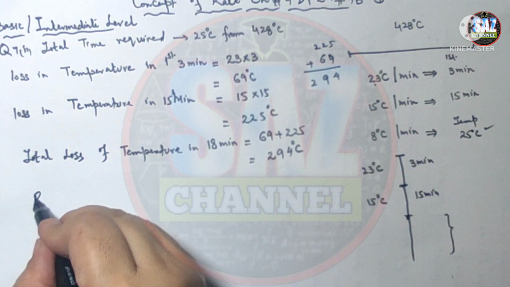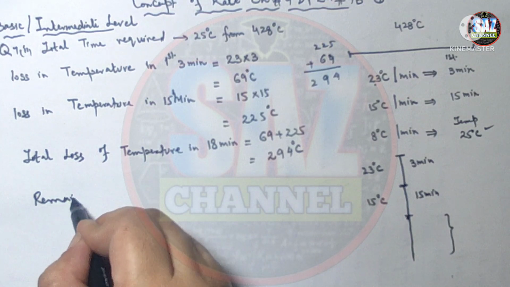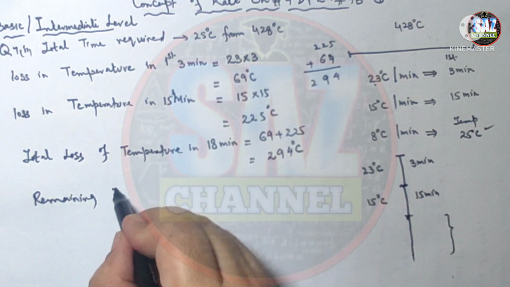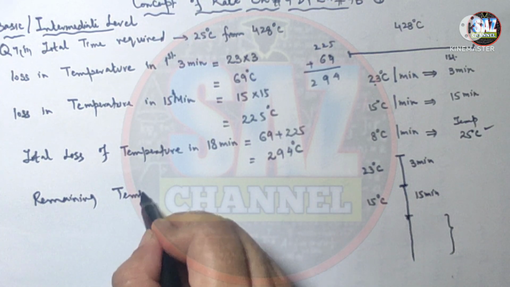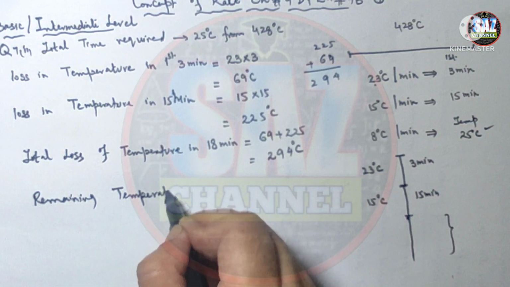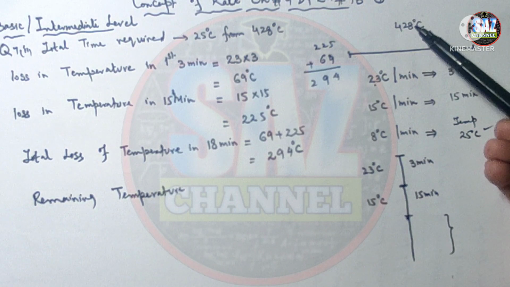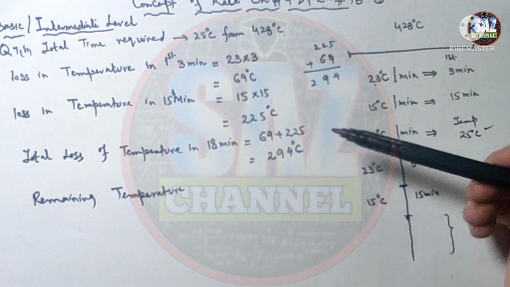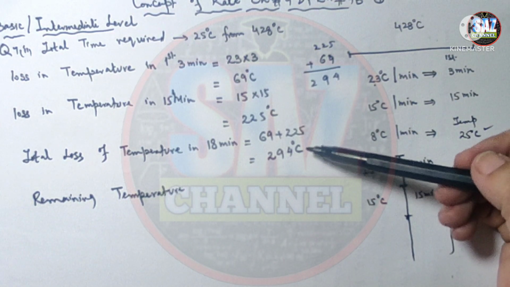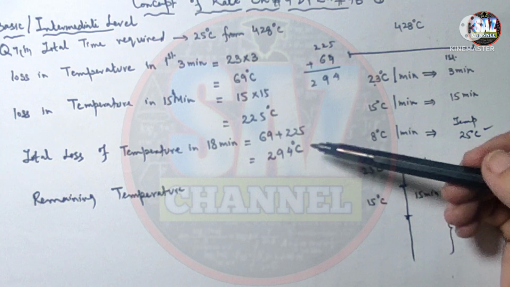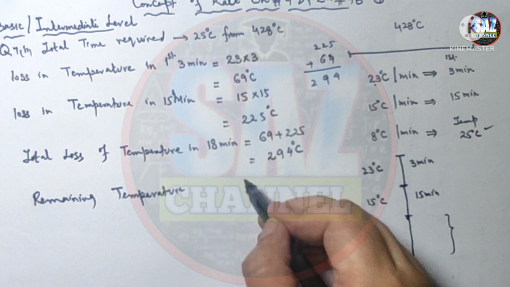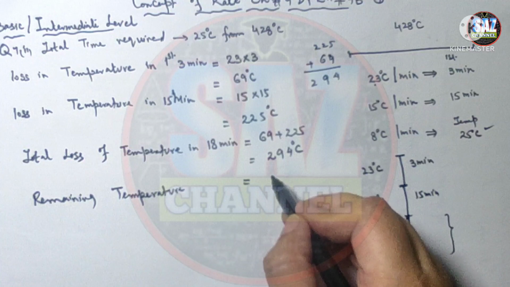So remaining temperature will be equal to, let me write it in degree centigrade. Try to understand the question, that from 428 degrees centigrade in a total 18 minutes the temperature has gone down to 294 degree. So how much temperature is still with us?